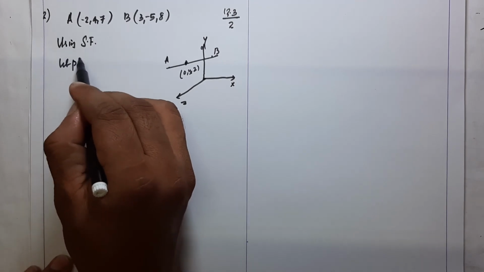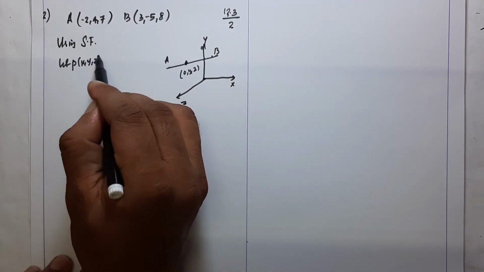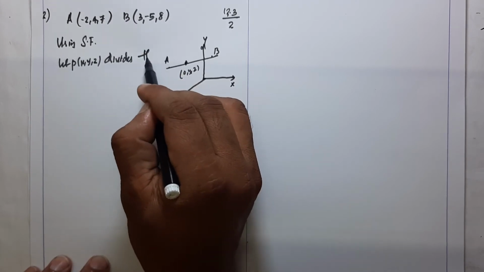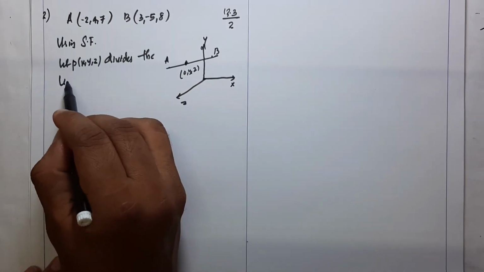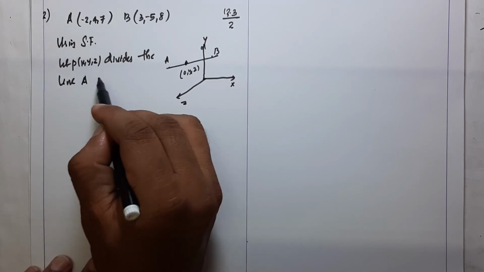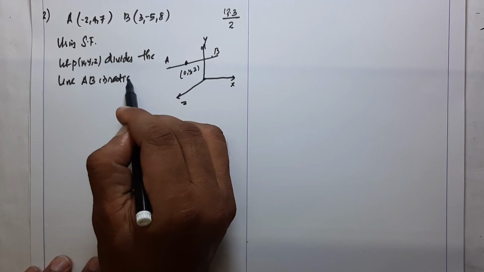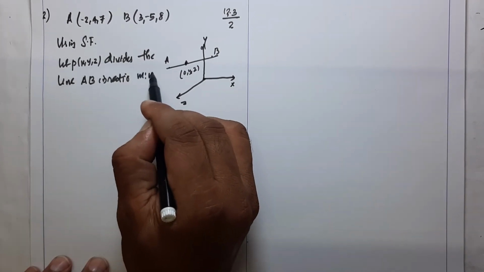let P(x, y, z) divide the line segment joining A and B in the ratio m:n.